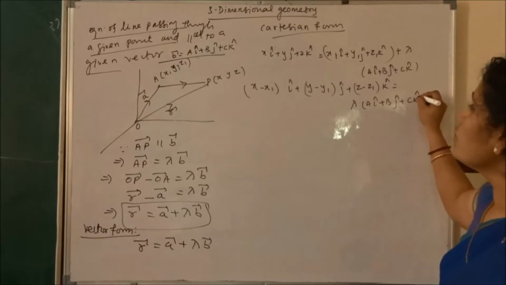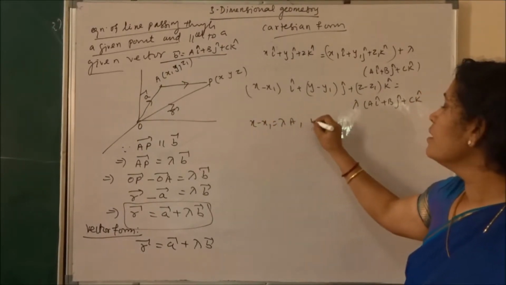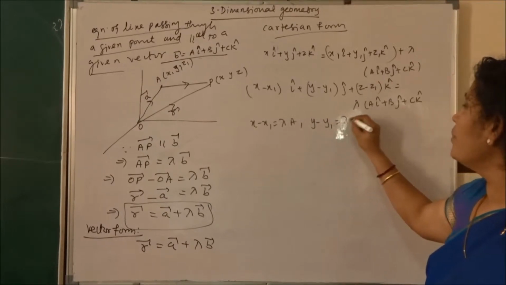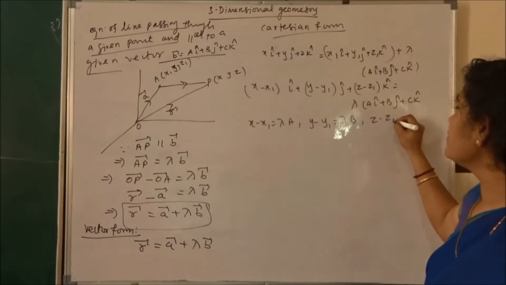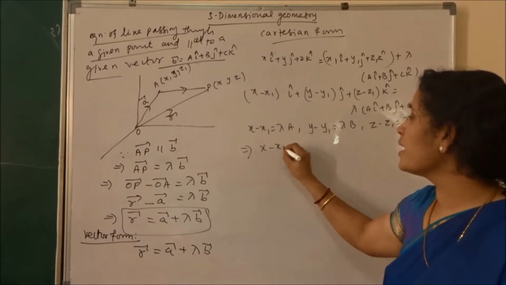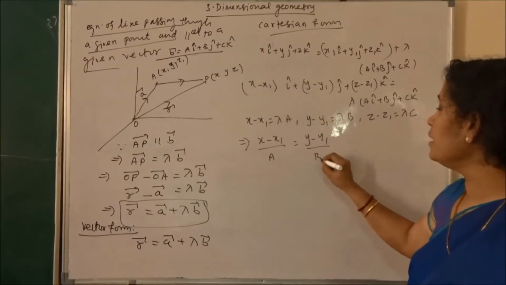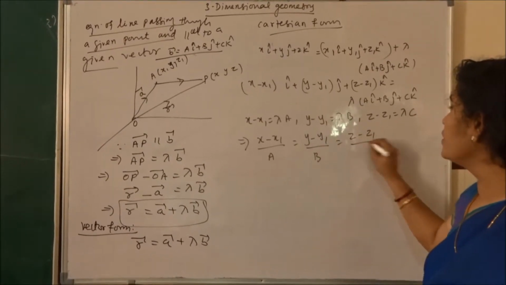Now I am comparing both side coefficients. x minus x1 equal to lambda into a, y minus y1 equal to lambda into b and z minus z1 equal to lambda into c. So this implies I can get x minus x1 upon a equal to y minus y1 upon b equal to z minus z1 upon c.